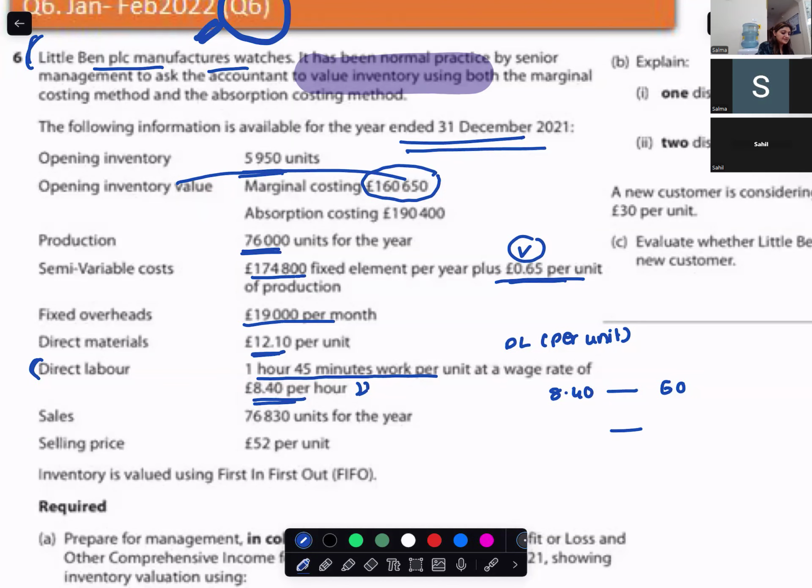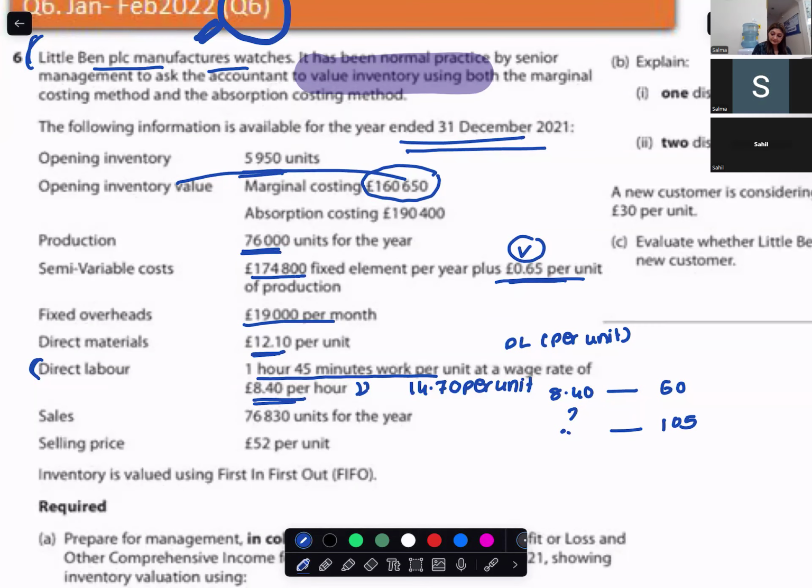So that will be 60 plus 45, 105 minutes. So for 105 minutes, what will be the wage rate? 105 into 8.4 divided by 60. So per unit it will be 14.70.